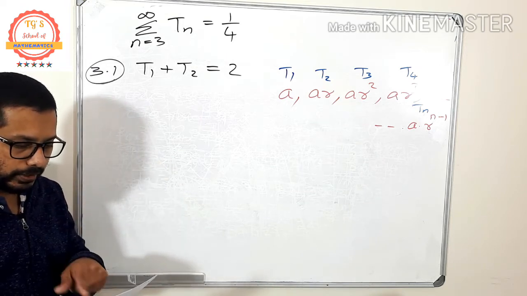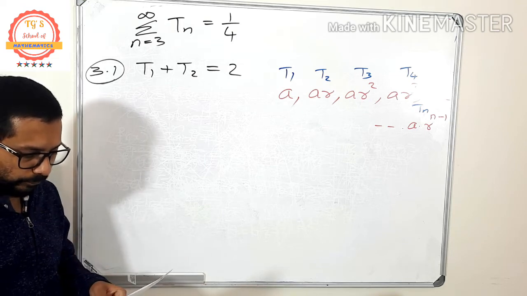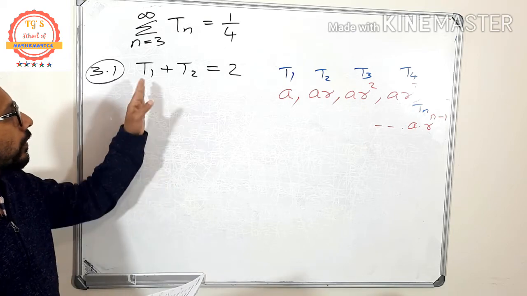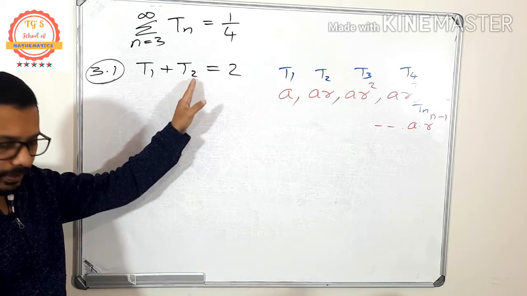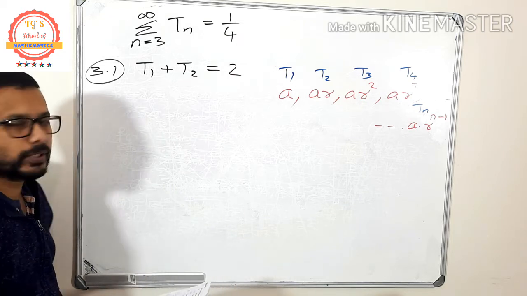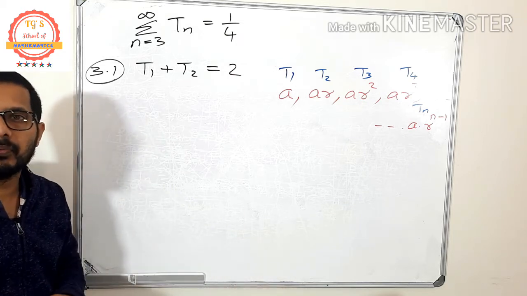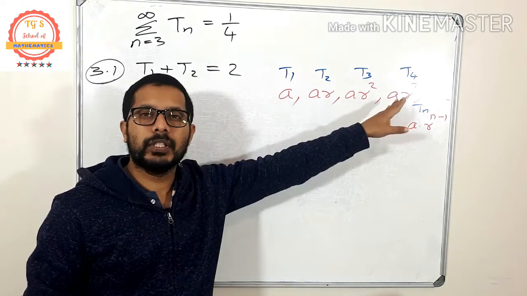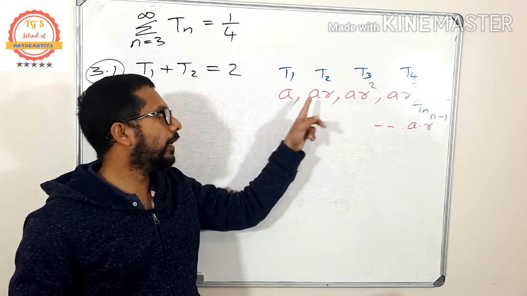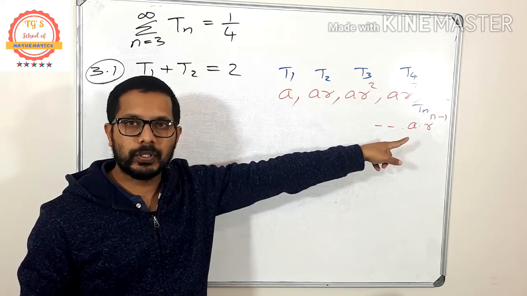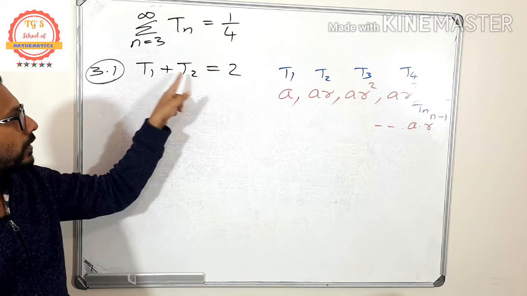And what is the question? If t1 plus t2, that means if you add the first term and second term, the answer is 2, you have to write an expression for A in terms of r. Now it is very easy. You know the general expression in a geometric sequence: A, AR, AR squared, AR cubed, etc., AR raised to n minus 1.